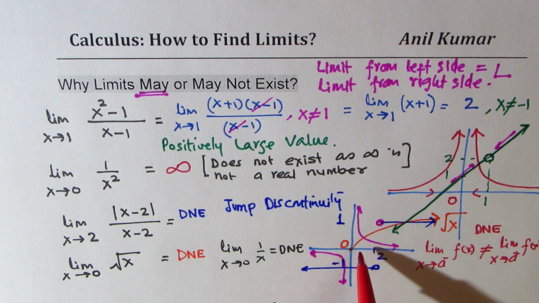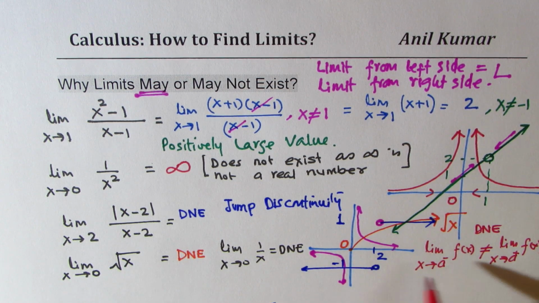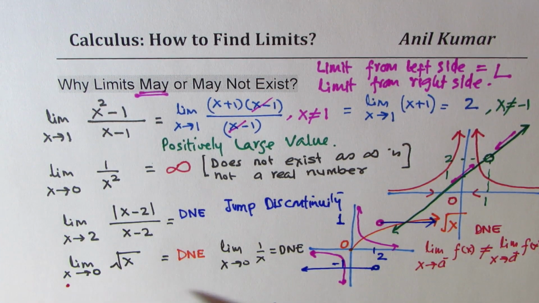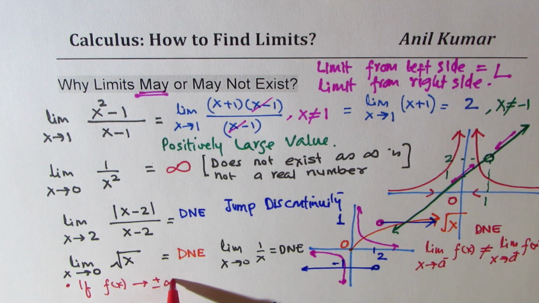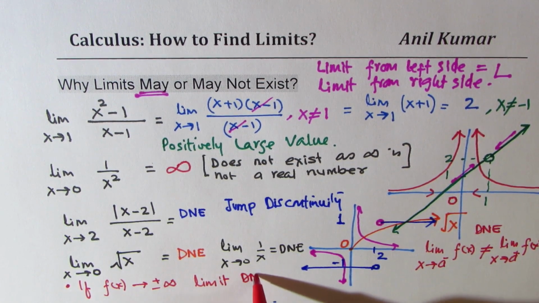Now looking at the graph, if the function is approaching infinity, then the limit does not exist. One more important thing to see: if f of x is approaching positive or negative infinity, in that case the limit does not exist.